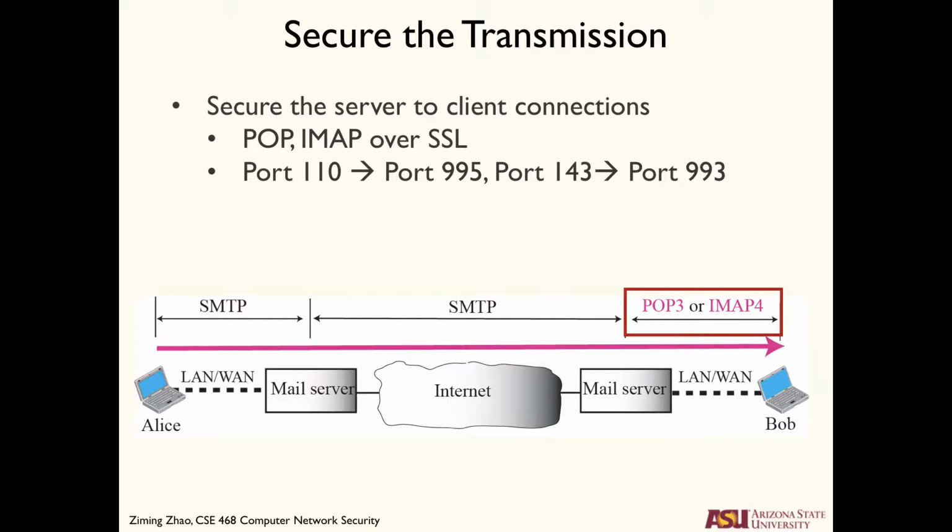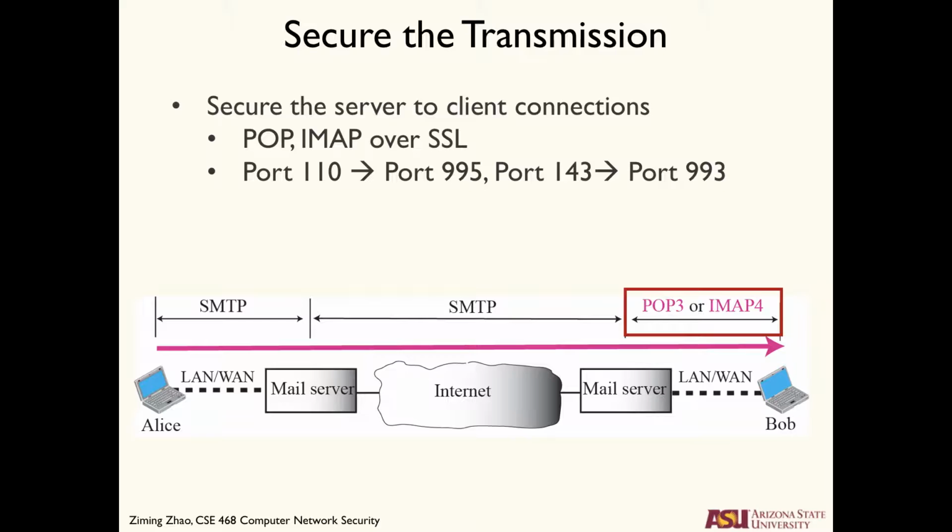And whenever you want to receive or download your mail from a mail server, you are using POP or IMAP, and this can also be secured using POP or IMAP over SSL. There are also dedicated port numbers for those purposes.